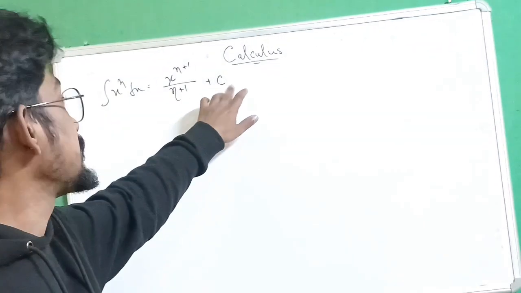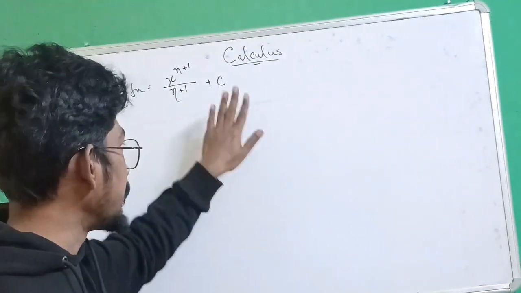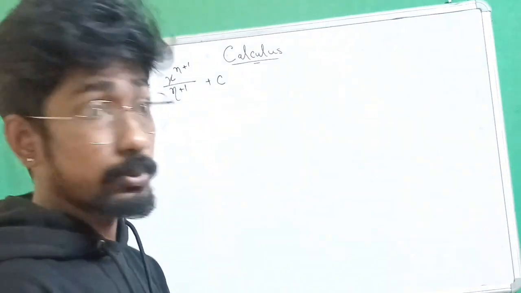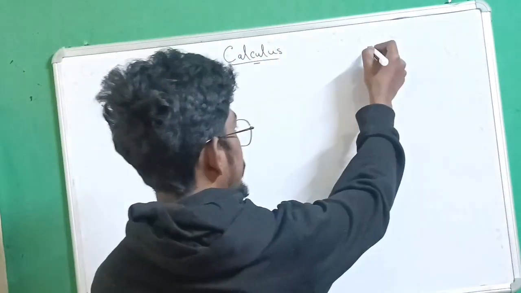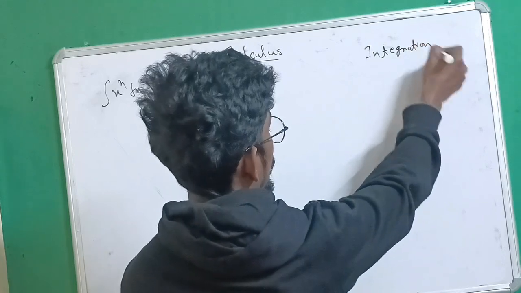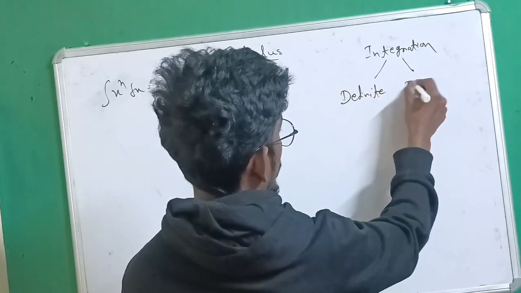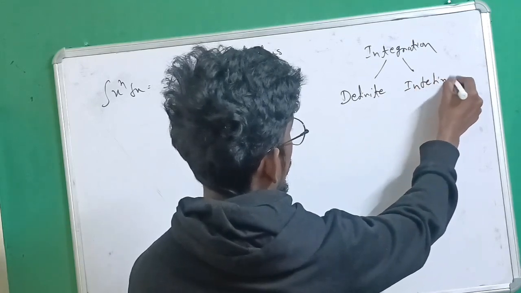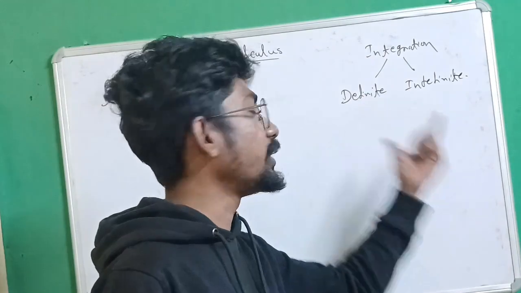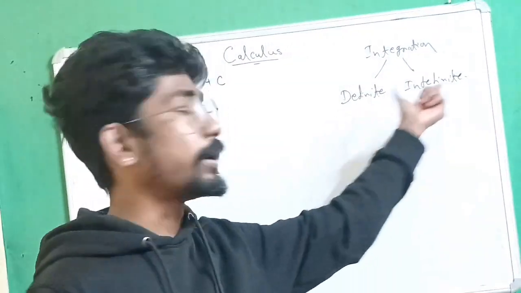What is c? C is an integration constant. This integration constant is valid only for the indefinite integral. Now you will ask, what is an indefinite integral, sir? Integration has two types: definite and indefinite. Definite integral means there is a limit, a boundary, between which you have to calculate the value of the integration.